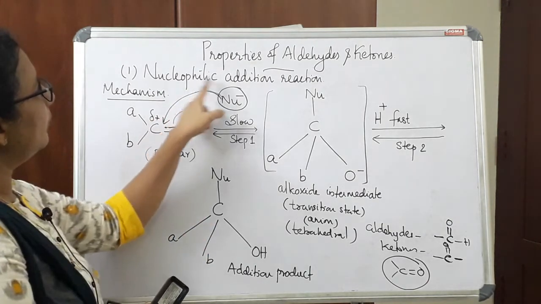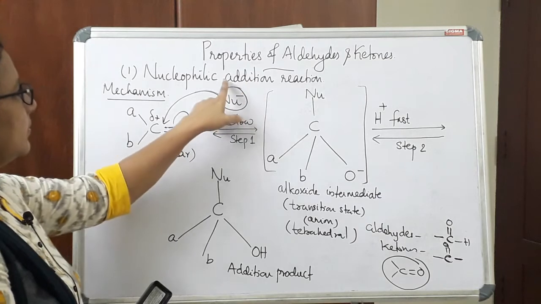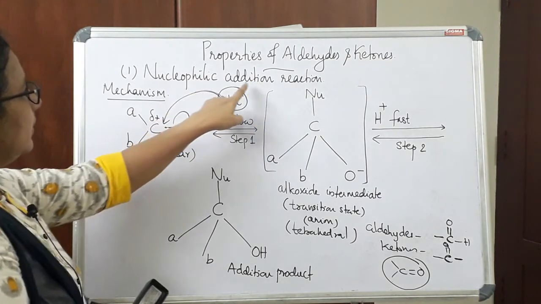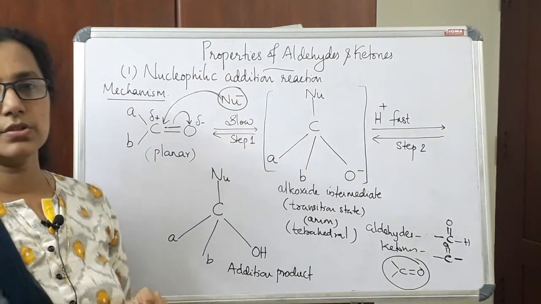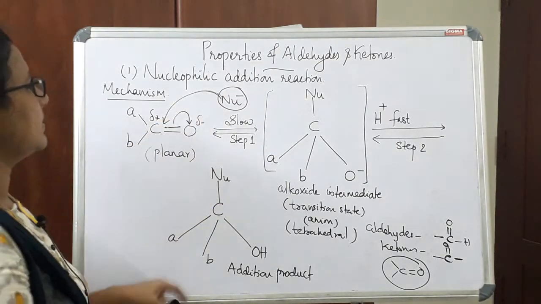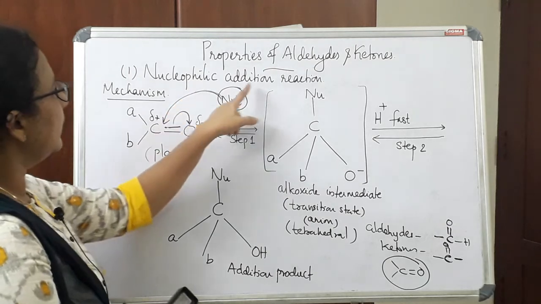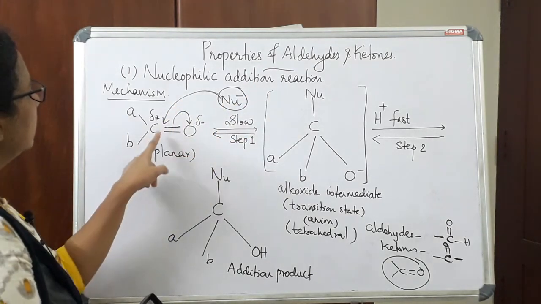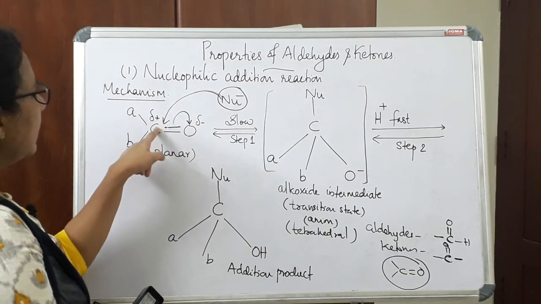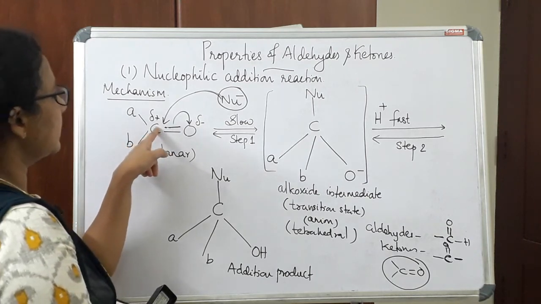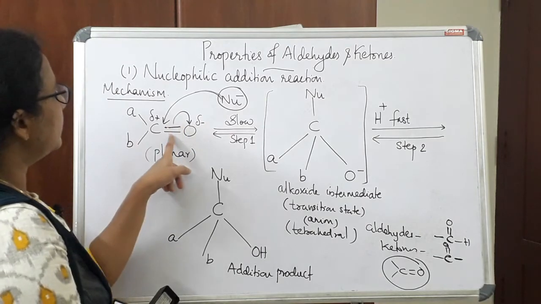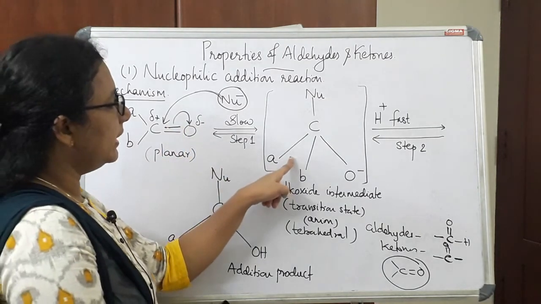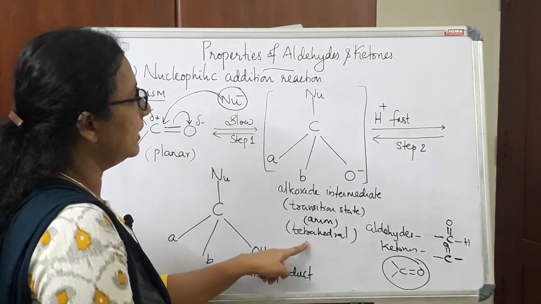So in nucleophilic addition reaction, there is an addition reaction, and that addition reaction proceeds through nucleophilic mechanism. So this is nucleophilic addition reaction. So a nucleophile will attack at the carbon which is positively charged due to the electromeric effect, and there is an intermediate formation which is tetrahedral in nature.